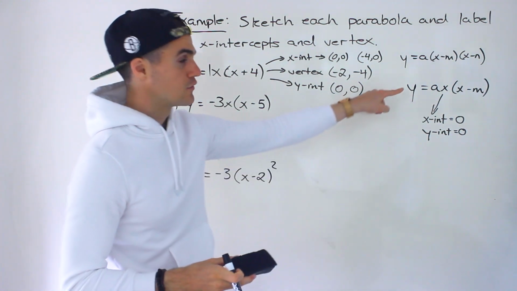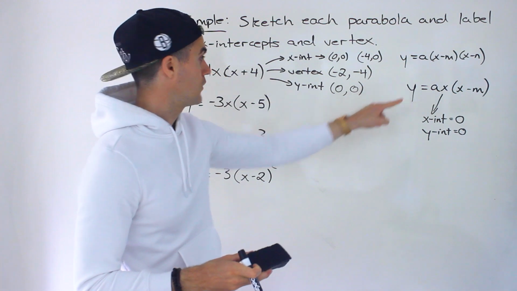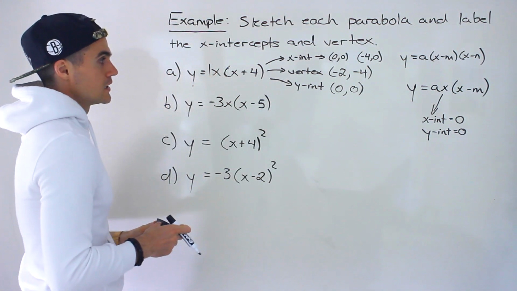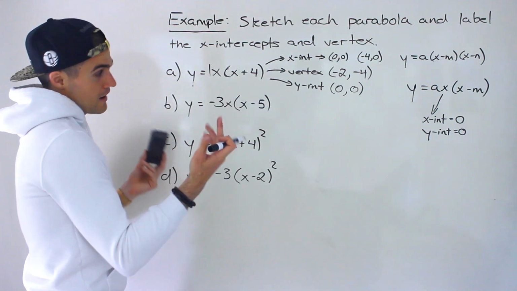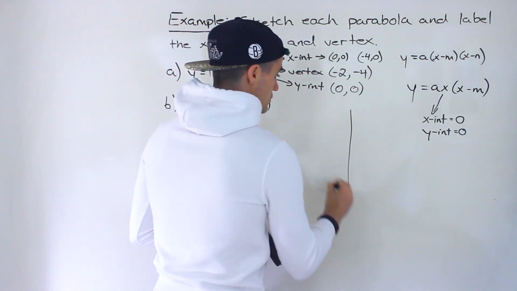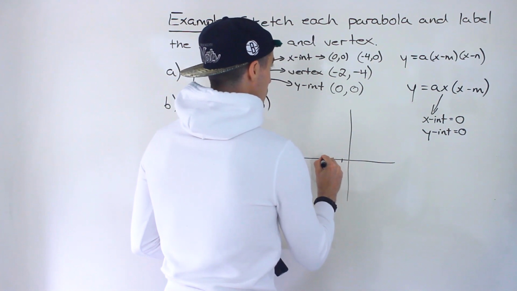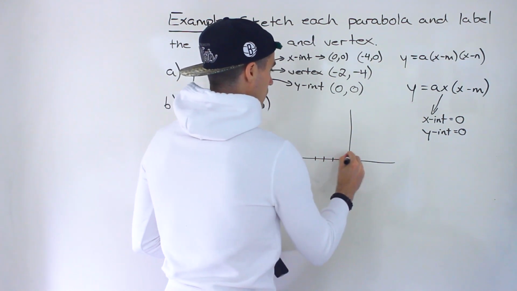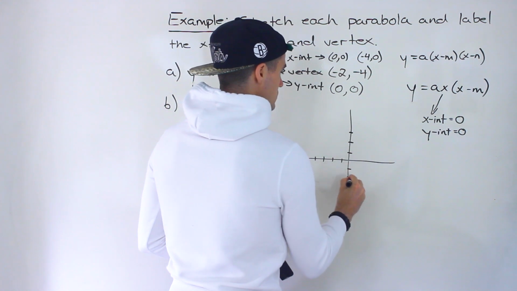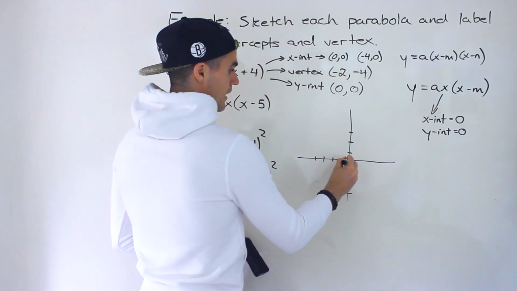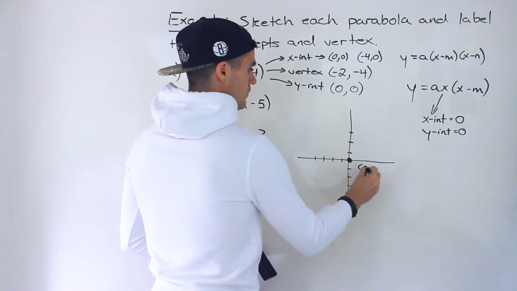And that happens for these kinds of quadratics when they're in this kind of format where the x is by itself. So we have enough characteristics to make a graph here. Let's go 1, 2, 3, 4, 1, 2, 3, 1, 2, 3, 4. So we have this point over here. We know it's going through the origin.